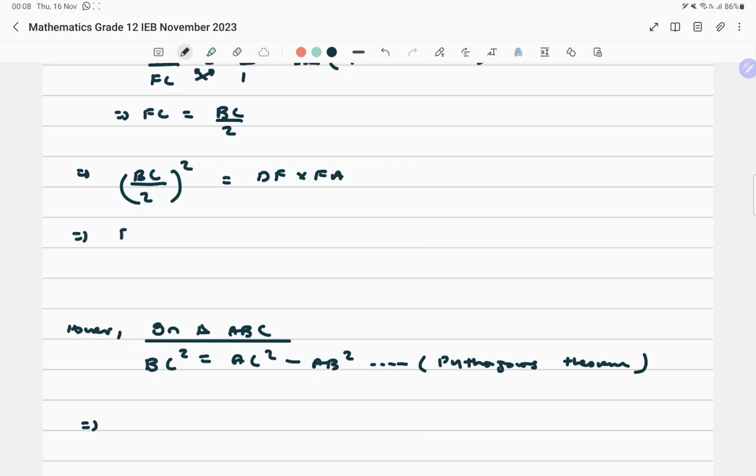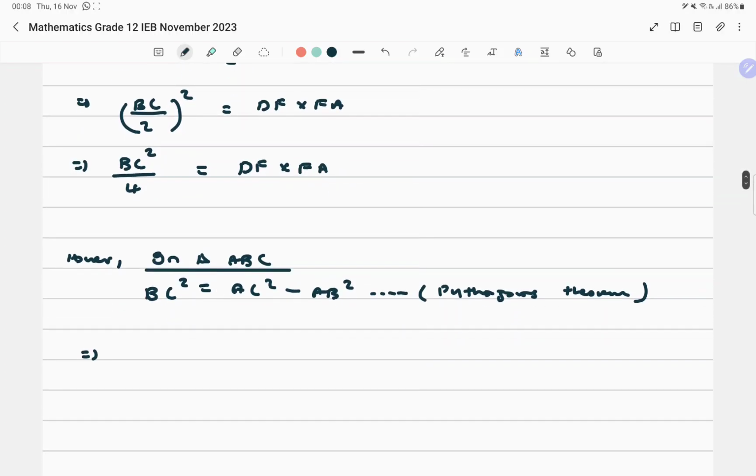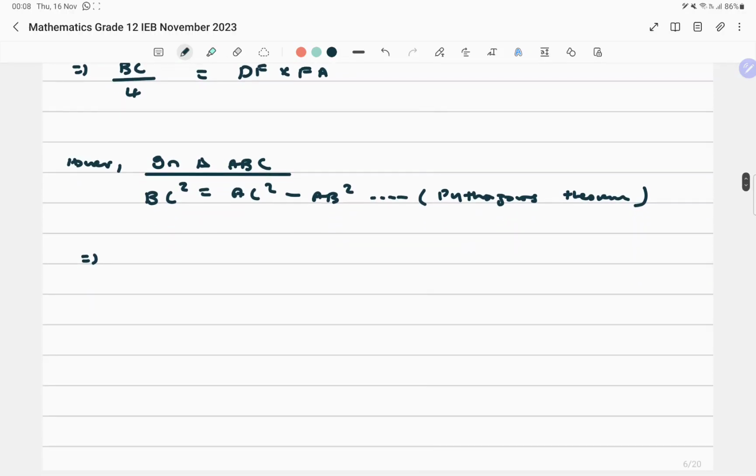BC squared over 4 is equal to DF times FA, okay? So now we can safely do this substitution. BC squared becomes AC squared minus AB squared, all of that over 4, is equal to DF times FA, okay?